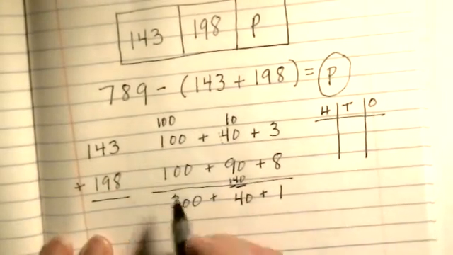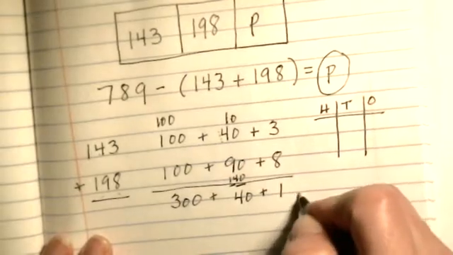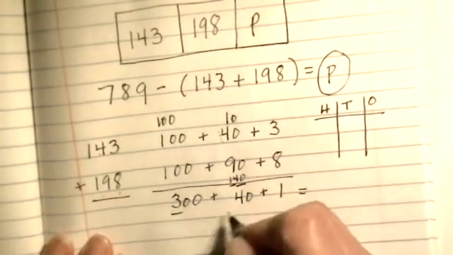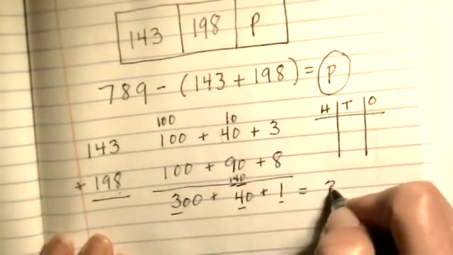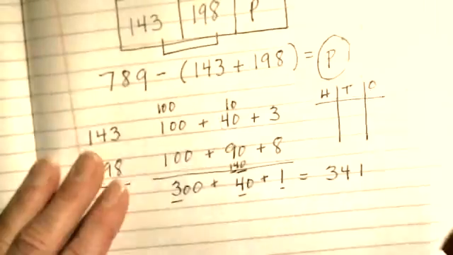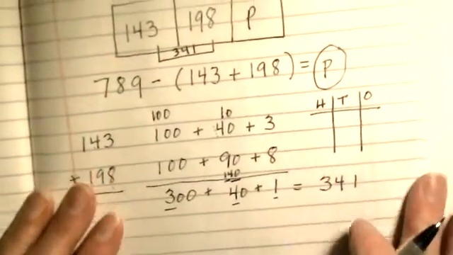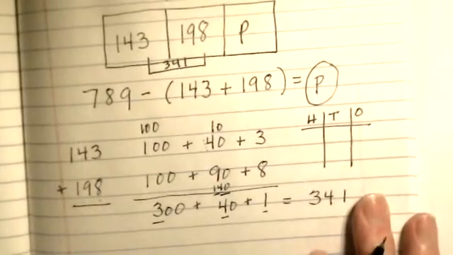All right, so this is adding up 143 and 198. So that gives us 341. So together, the third and fourth, there are 341. Yay, I'm done. No, I'm not.